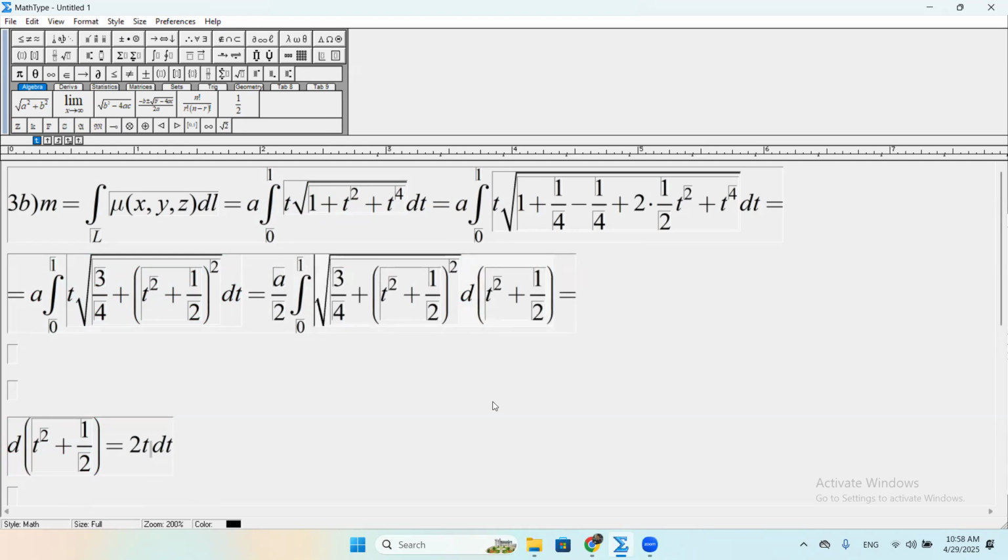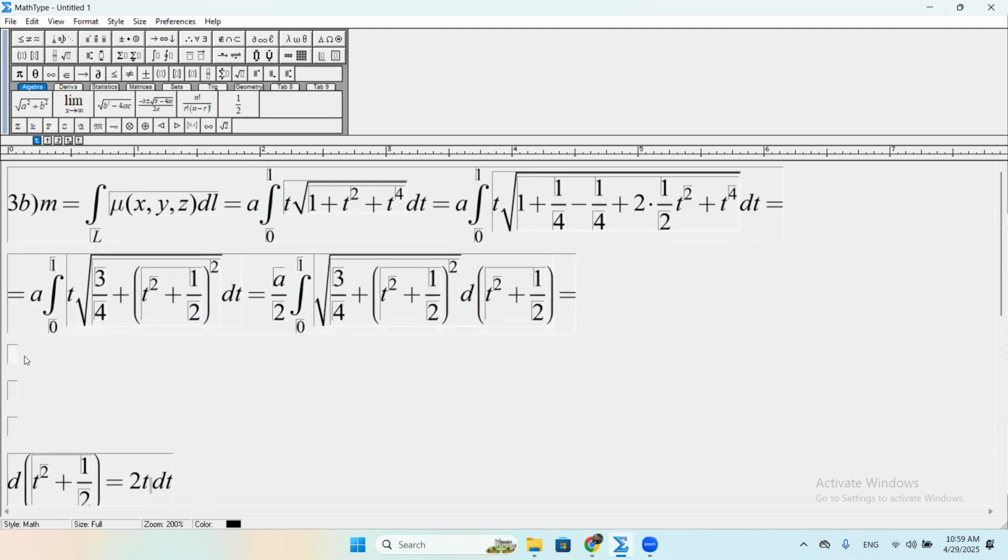And now let's see what else we can do. Oh yeah. So now let's do a substitution, and then I guess we will be able to integrate by parts.